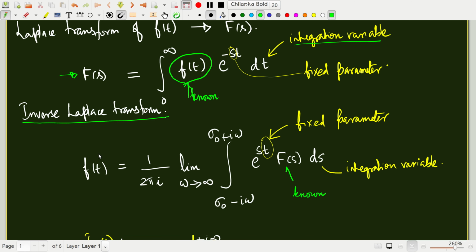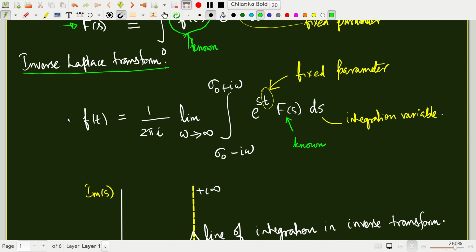That is the unknown in this kind of problem. Usually this is what you will land up with in the solution of ordinary differential equations. You will somehow get an expression for F of s which looks like a polynomial or something, and you want to find f of t.